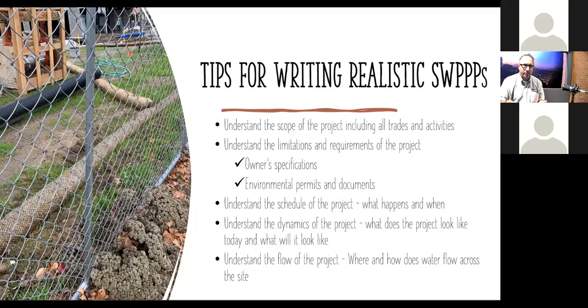But there's many different types of potential owner specifications. So as a good SWPPP writer, one of the first things you need to do is get the specifications for that job, if they exist. Not every job has them, but certainly most public jobs, almost all public jobs, will have specifications. So what might we look for?